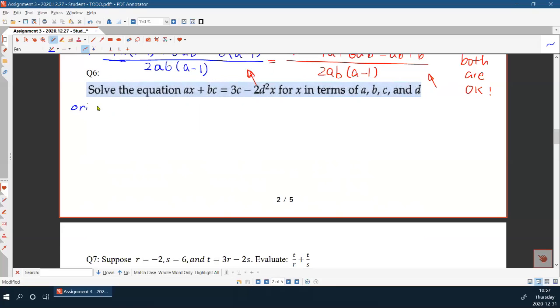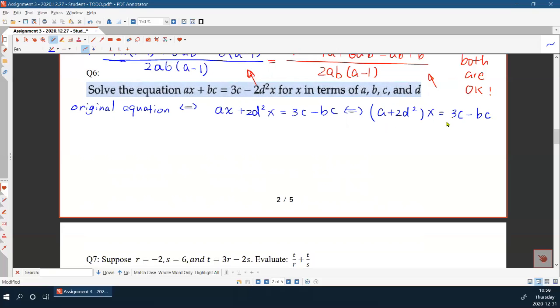Okay, so the original equation is equivalent to, if we put all x on the left-hand side and put all the constants to the right-hand side, then this is also equivalent to a plus 2d squared x equals 3c minus bc, right?